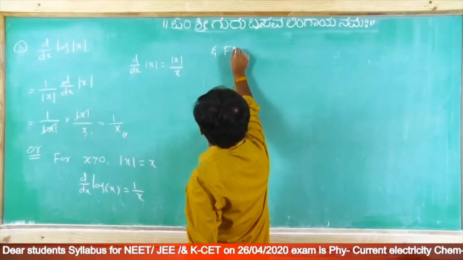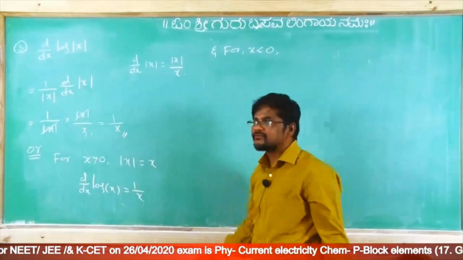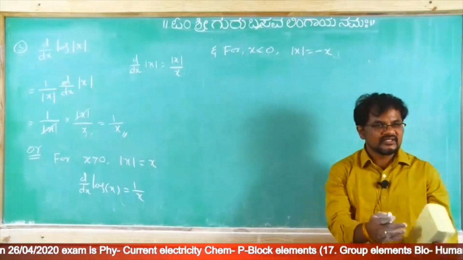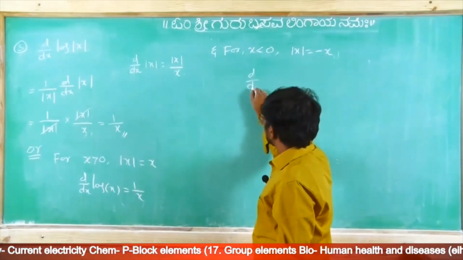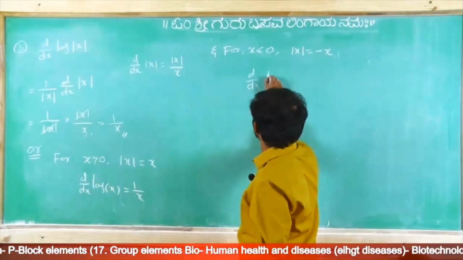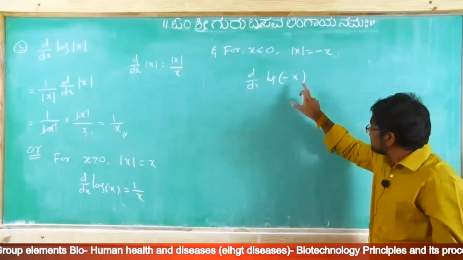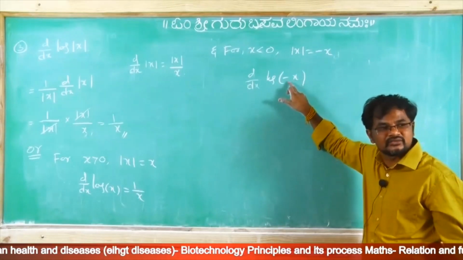Next, for x less than 0, this mod x is equal to what? Minus x, for the negative side. Now d by dx of log mod x becomes d by dx of log of minus x. Observe here, x value is negative. Negative of negative, positive we will get.